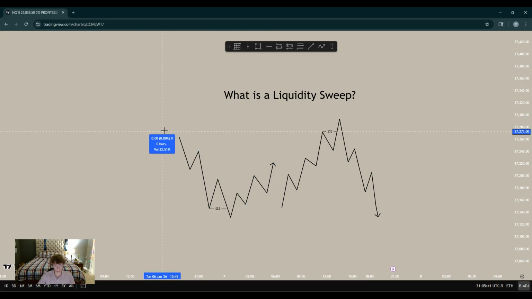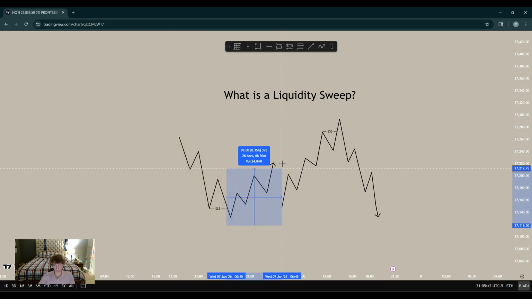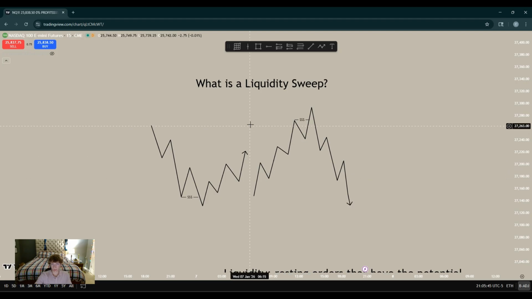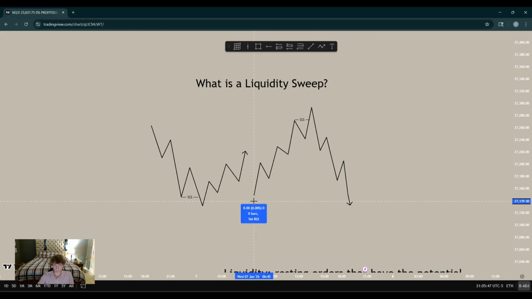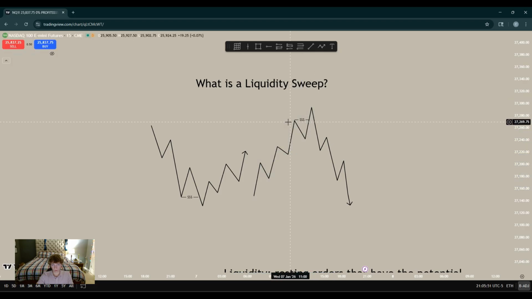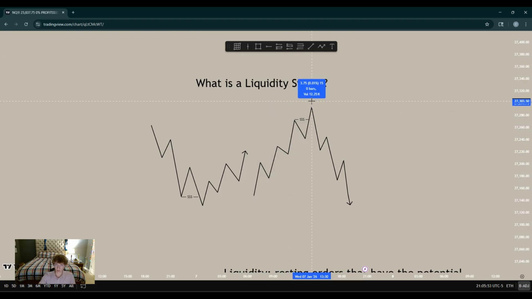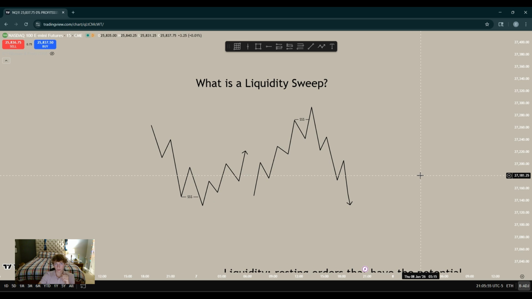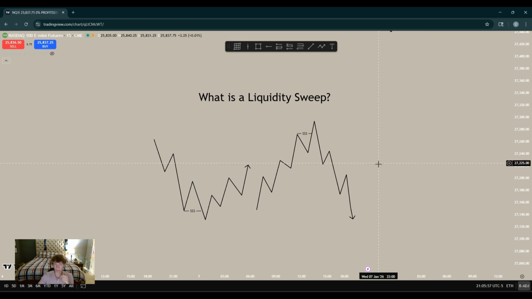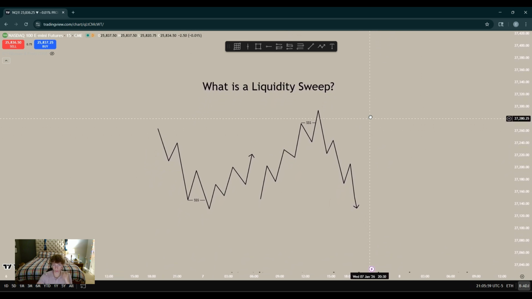So we were in a previous downtrend, now a new uptrend. Same thing for the bearish example. We were in a previous uptrend, liquidity sweep with a high, the trend reverses, turning into a bearish downtrend. So that is a liquidity sweep.